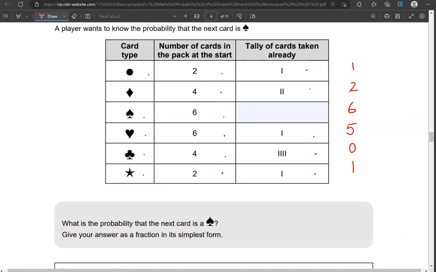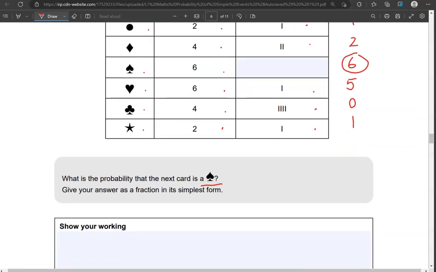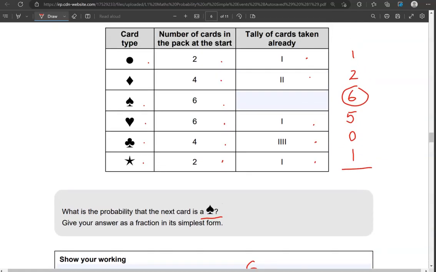We're interested in spades, so that is 6 of them out of the total that is left. So we have 1 and 2 makes 3, and 6 makes 9, and 1 makes 10, and 5, that is 15.